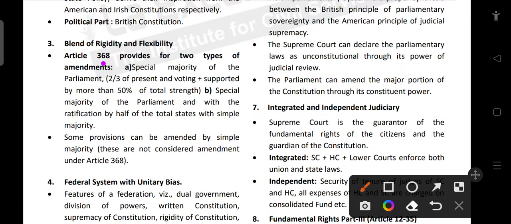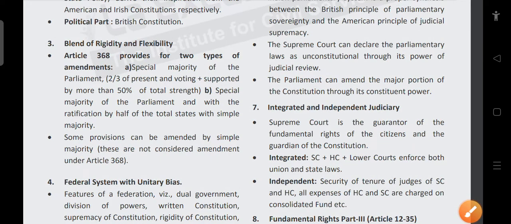First one, special majority of Parliament: two-thirds of the parliament members present and voting, supported with more than 50% of the total strength, which is called special majority. We just need the special majority of Parliament for certain amendments. Whereas in case of federal issues, we need special majority of Parliament along with ratification by half of the total states with simple majority.